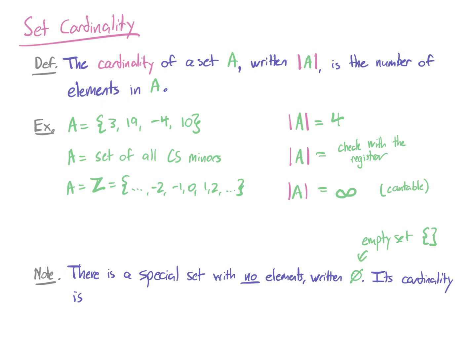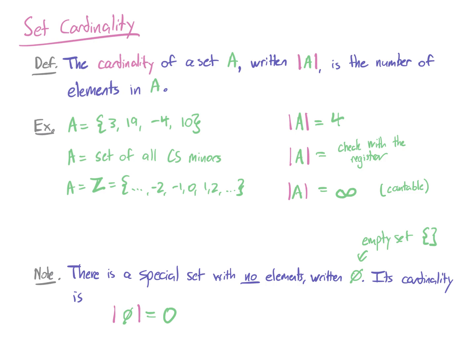How many elements are in the empty set? Well, if I look at the empty set, it has no elements in it, which is another way of saying that it has 0 elements in it. So the empty set is a special set that has no elements. It has cardinality equal to 0.